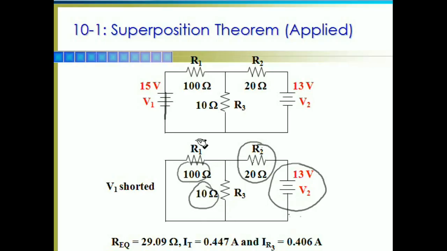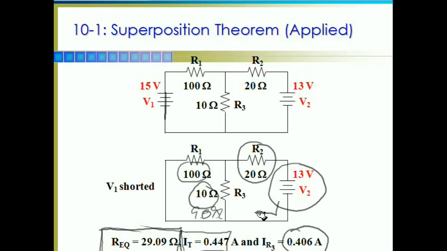We figure out what the equivalent resistance is, calculate our current. Now in this case, our equivalent resistance is going to be 29.09 because we'll find that 9.09 ohms is the equivalent resistance of the parallel network plus 20 ohms, 29.09 ohms, which means our current is going to be 447 milliamps. And doing the conductance method once again, we find out that the current flowing through the 10 ohm resistor at this point is 406 milliamps.